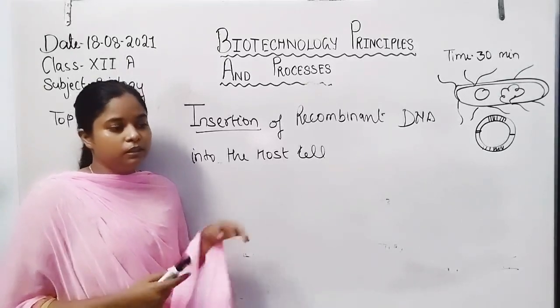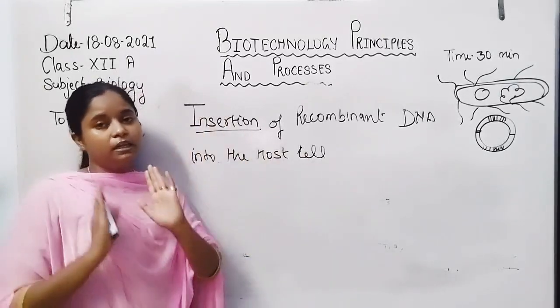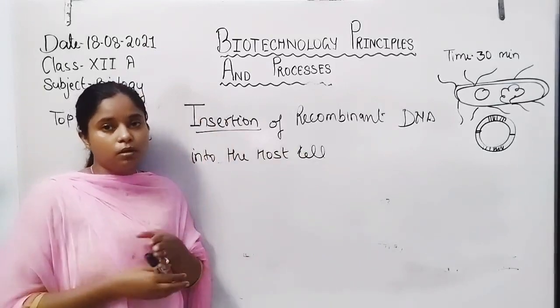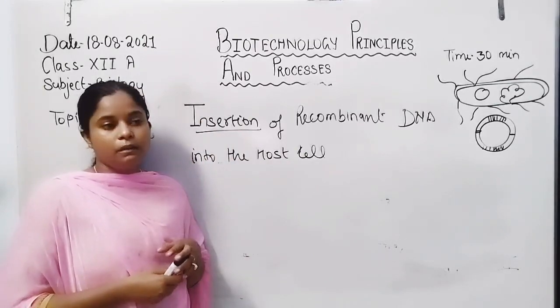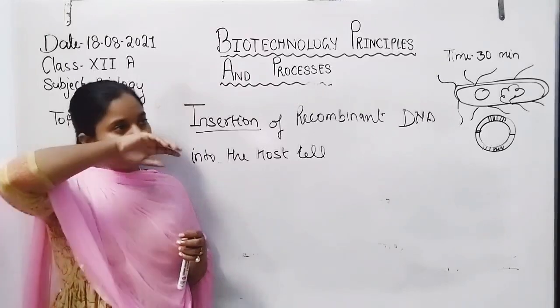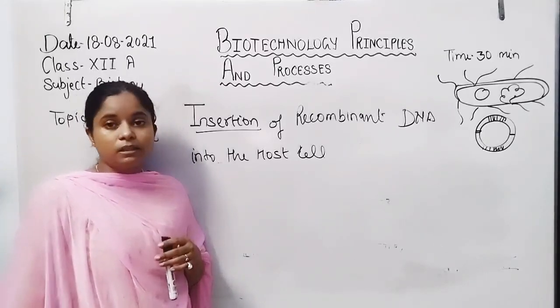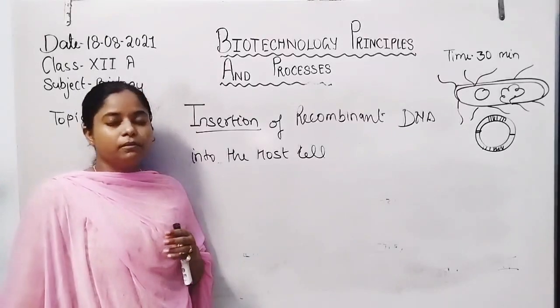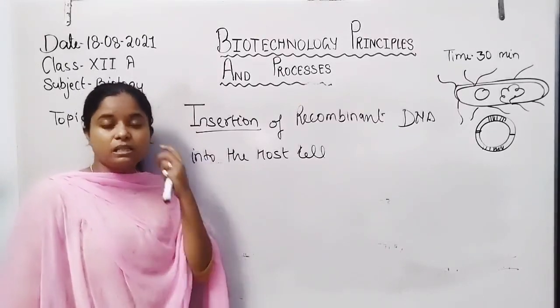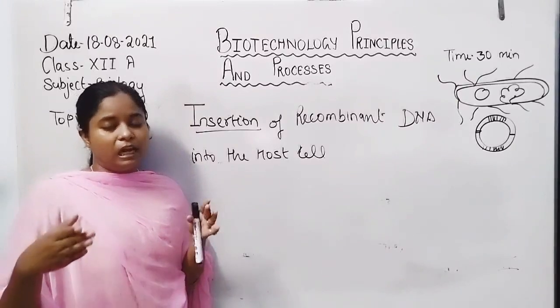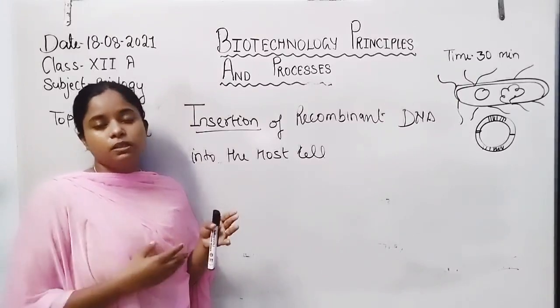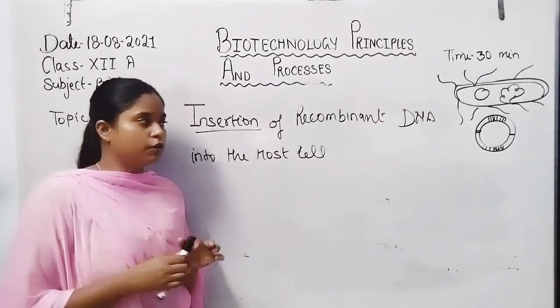Now after this we ligate our desired gene into the recombinant DNA, because recombinant DNA has selectable markers. Selectable markers help in the differentiation between the transformants and non-transformants.